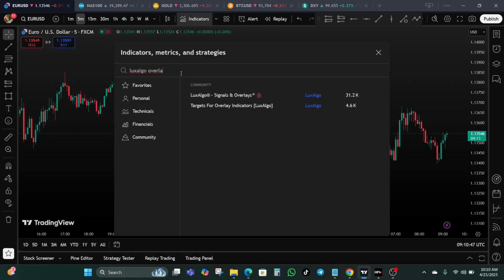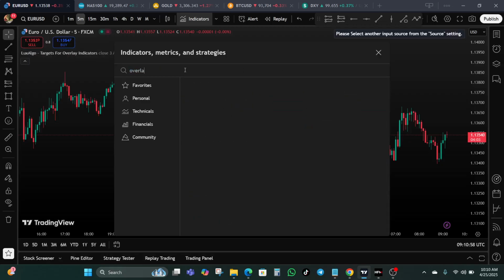The LuxAlgo indicators are designed to simplify your decision making.